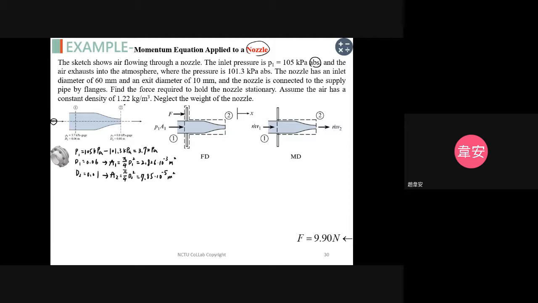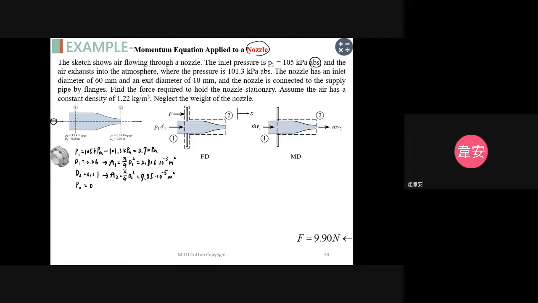And the pressure on the cross-section area 2 is equal to 0 because it's exposed to the air, the atmosphere environment, so the gauge pressure is always equal to 0. In that case, the nozzle is connected to the supply pipe by the flange.